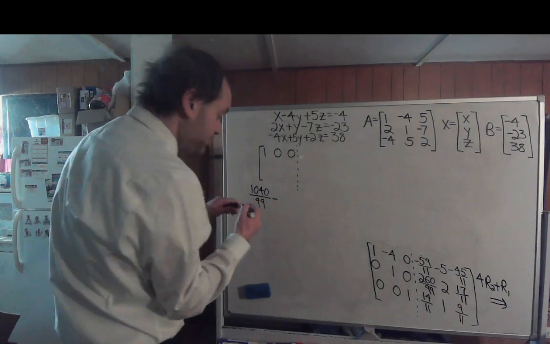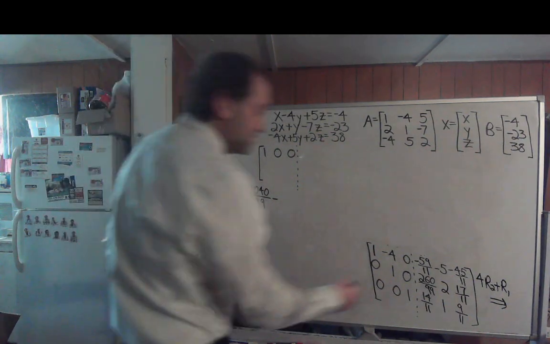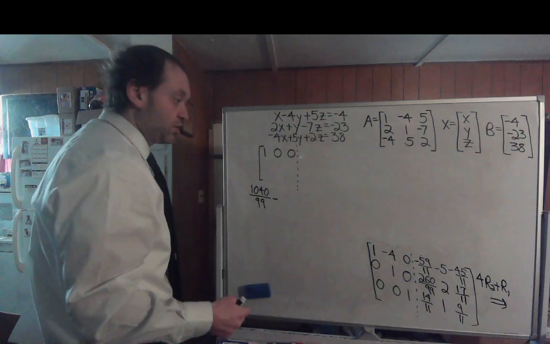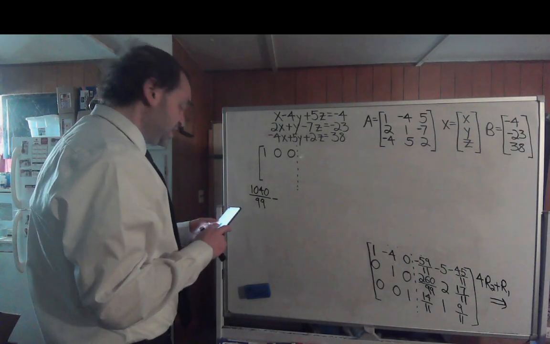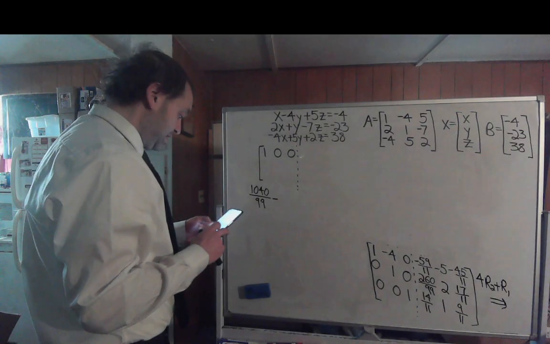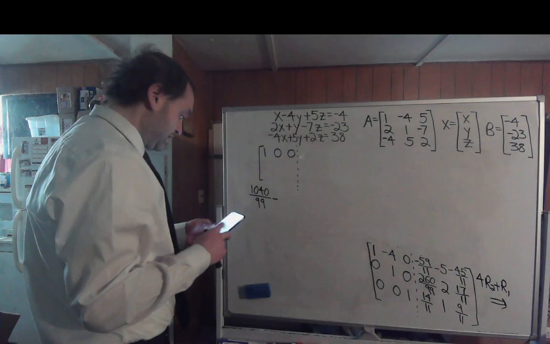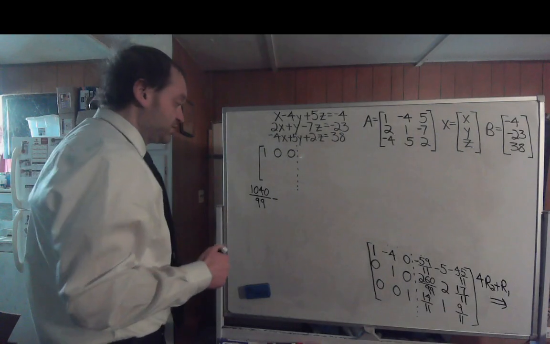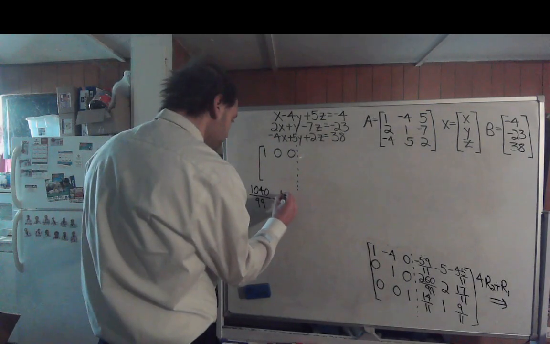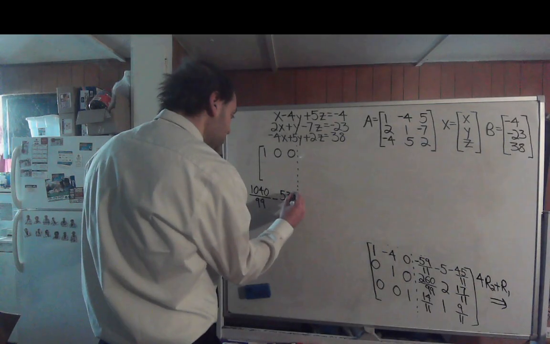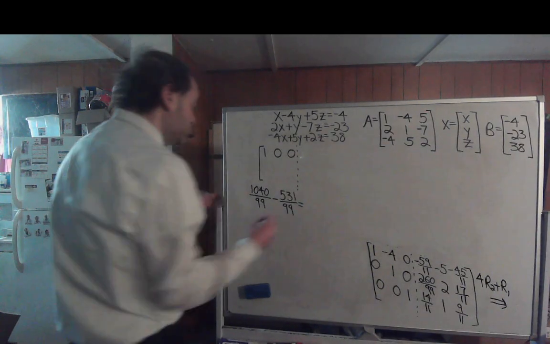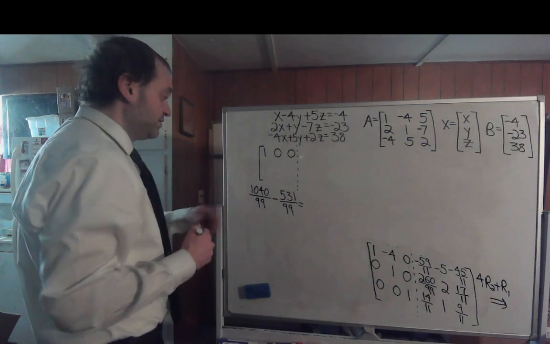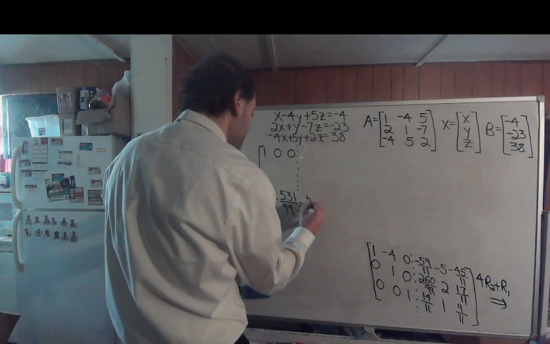Minus, now we want them to have the same denominator, so if we're just adding it to negative 59/11, we need to multiply negative 59 by 9. That'd be minus 531/99, which is going to end up giving you 509/99.